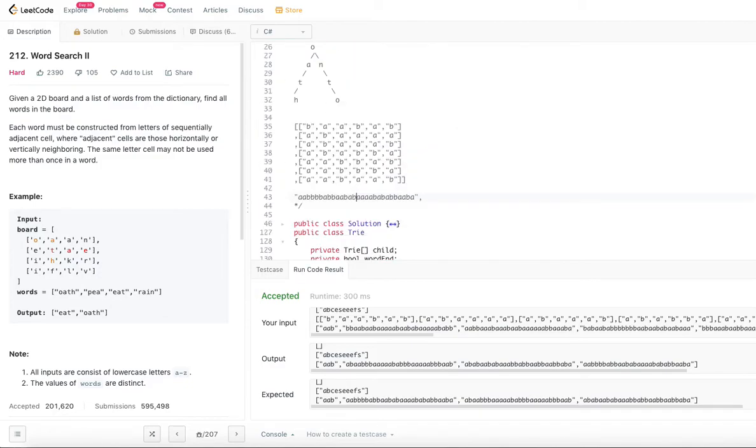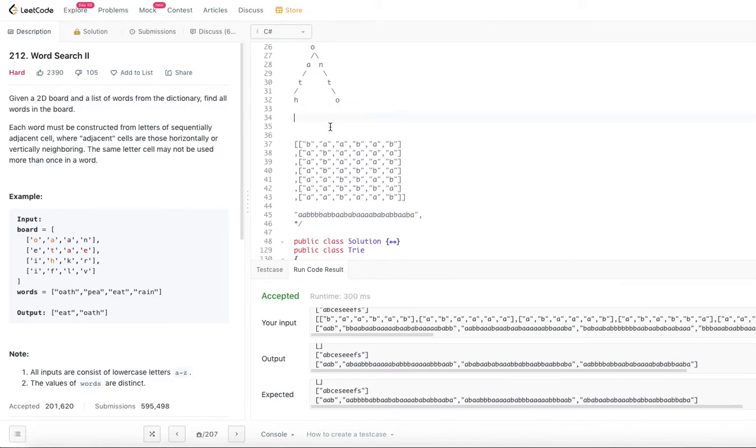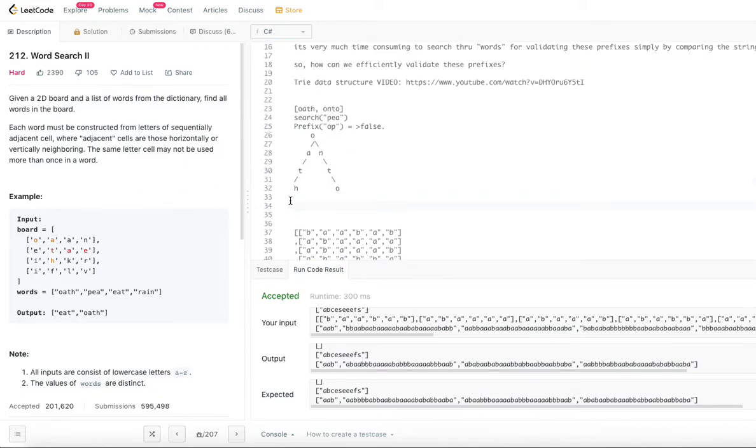Coming to the algorithm to solve this problem, we will start our search with each character: O, A, N, E, T, A, E, all these starting places. But before starting, we will make sure we have words starting with those characters. At O, yes, we have one word, so we go further. But at A, do we have any word starting with A?